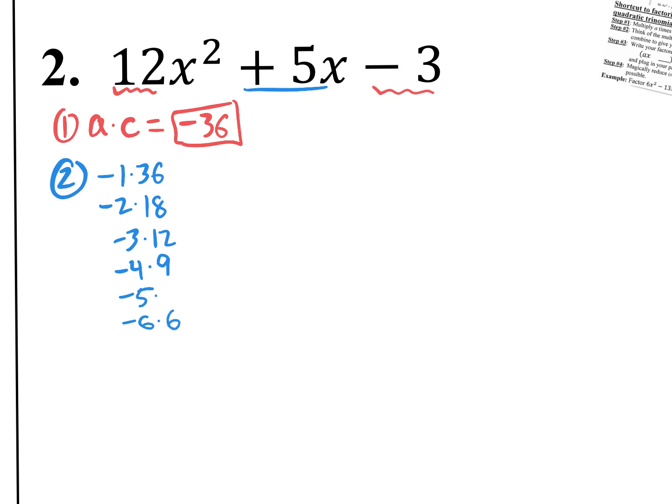Fun stuff. All those are the multiples of -36 besides changing signs. We'll change signs if we have to. Anyway, which pair of numbers combines together to give us the middle value 5?